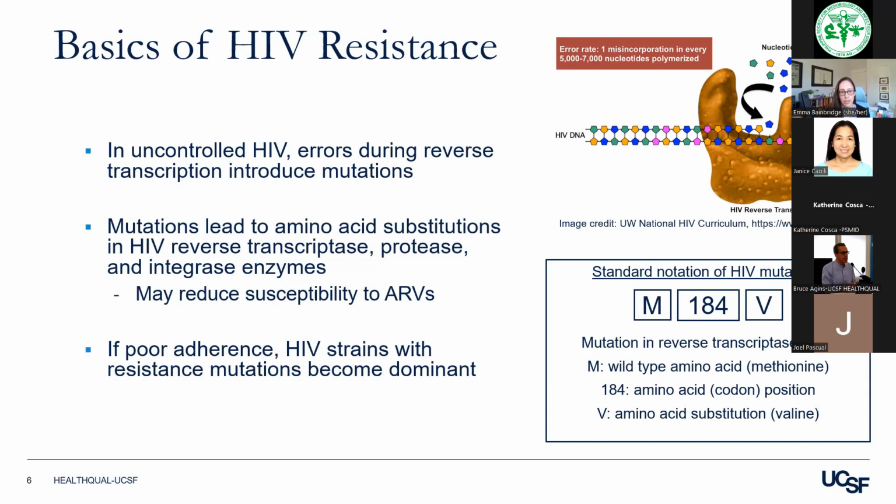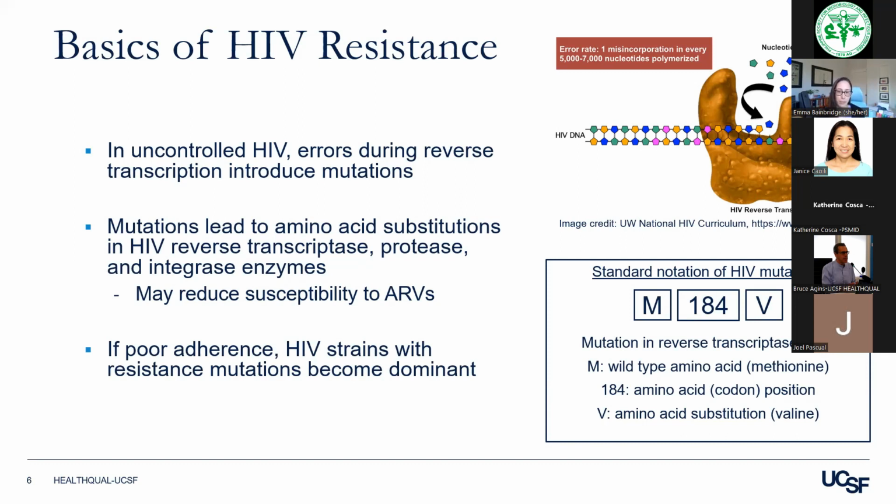So when we see these mutations, the effectiveness of our drugs may be reduced. When a patient has poor adherence, the HIV strains with resistance mutations become the dominant strains in the infection, and with poor adherence, you may continue to accumulate more and more mutations that make your antiretroviral therapy less effective.